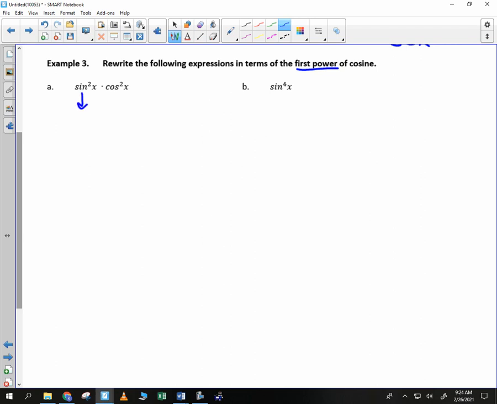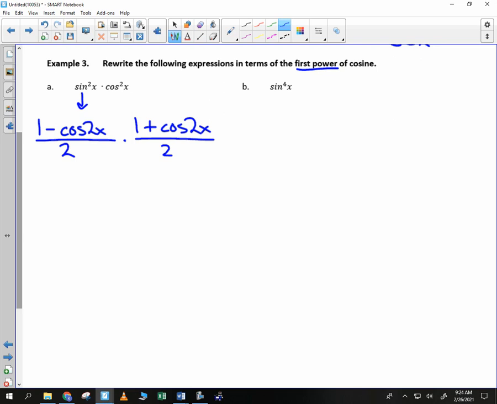Instead of sine squared, I'm going to substitute 1 minus cosine of 2x over 2. And for cosine squared, I'm going to substitute 1 plus cosine of 2x over 2. We all okay with that?